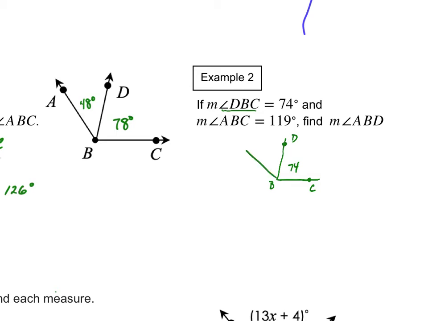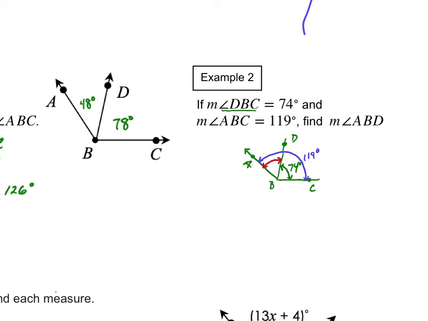We'll do this. I have ABC. The measurement of ABC is 119 degrees. So the distance from this side to this side is 119 degrees. The distance from this side to this side was 74 degrees. And what they're trying to figure out is they want to find what is the measurement from here to here. Okay, and let's just do our angle sum theorem.